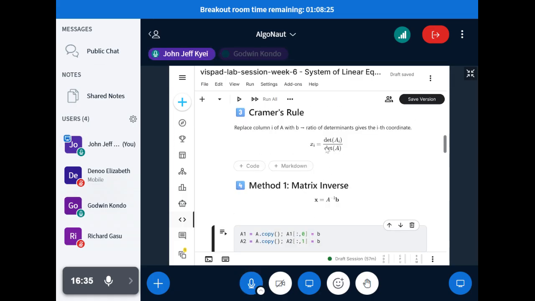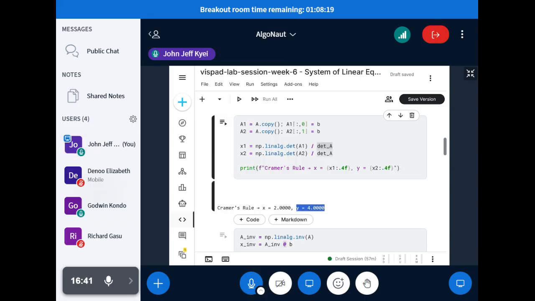So we're just applying this formula. It says x is the determinant of your modified matrix A over the determinant of the original, where the modified matrix is just the original matrix with one column replaced by the vector. So this is a direct mechanical approach.